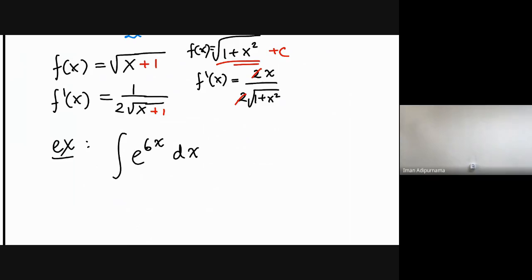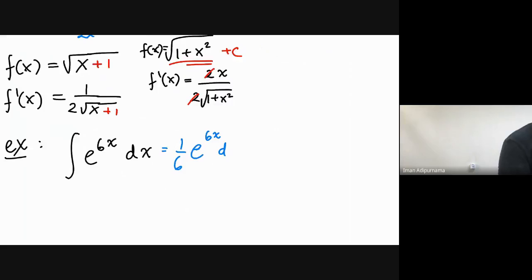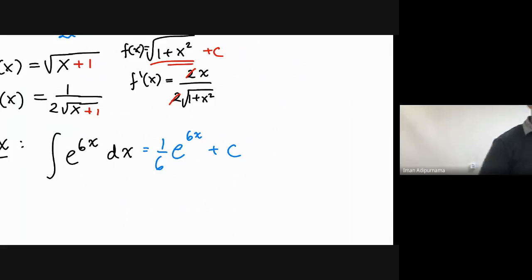So the integration is 1 over 6 e to the 6x. This makes sense. You can use this method in your exam.